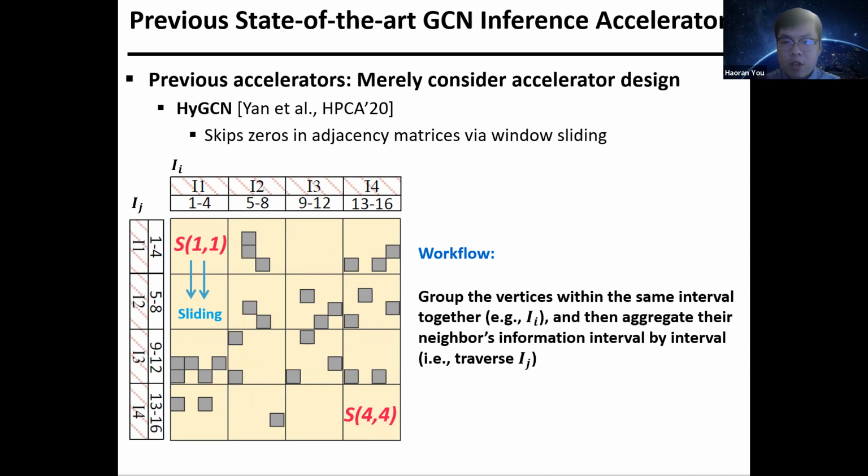First, we group the vertices or nodes within the same interval together, resulting in a grid from S11 to S44. Then we aggregate their neighbors' information interval by interval, meaning that we're sliding the window from S11 to S41. If there are no non-zero values in the window, then we can directly skip the corresponding computation or data moving.